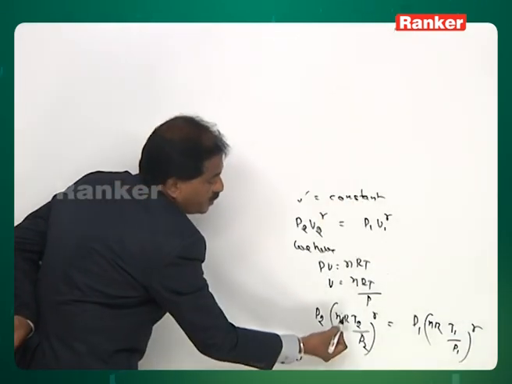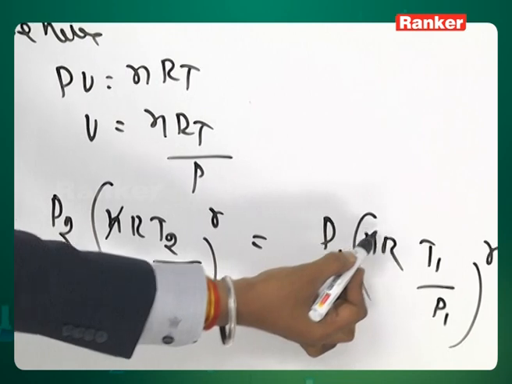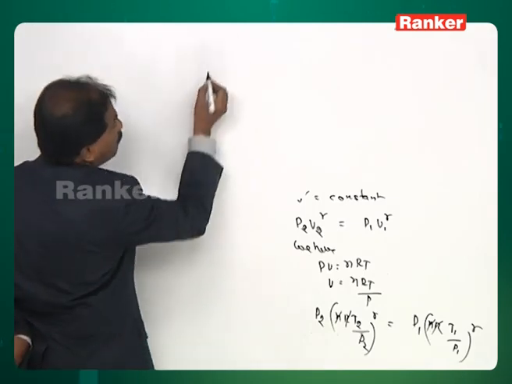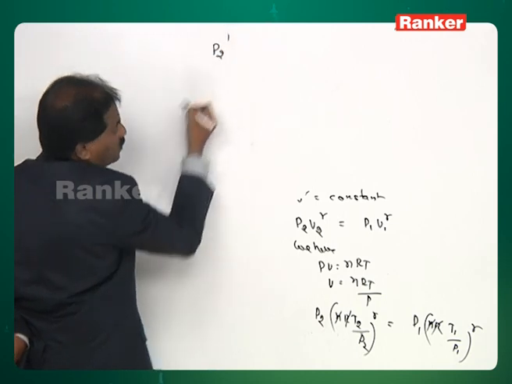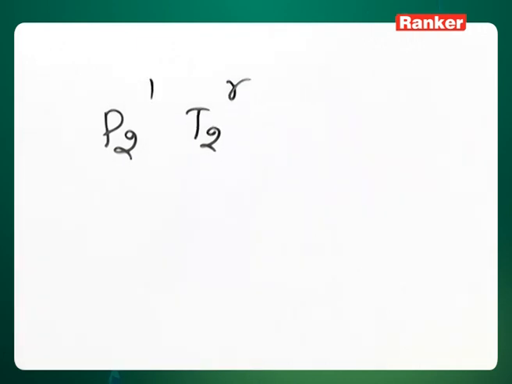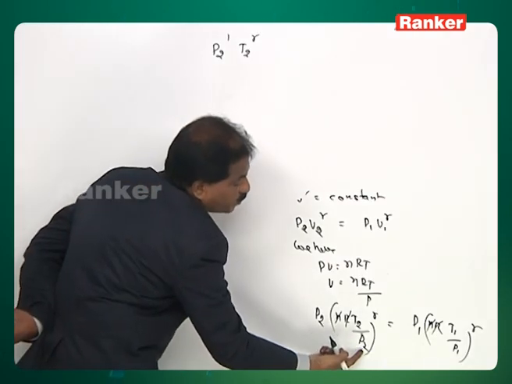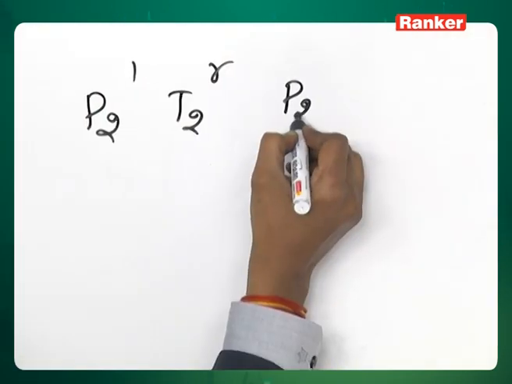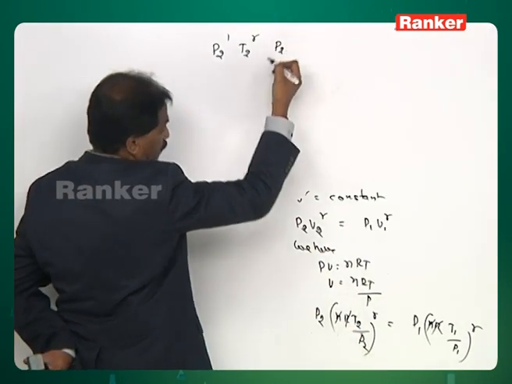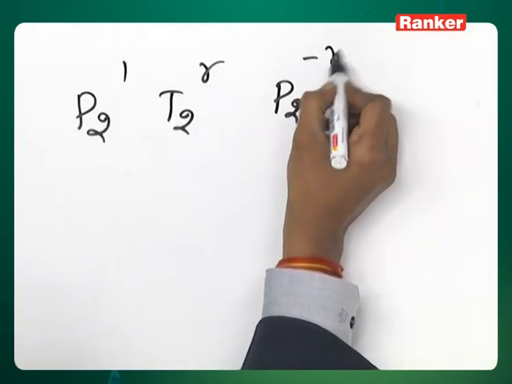Next step, the number of moles of the gas will remain the same, R will remain the same. Therefore, next step, P2 raised to the power 1, here T2 raised to the power gamma. Here bring P2 to the numerator. So when P2 is brought to the numerator, it becomes minus gamma.